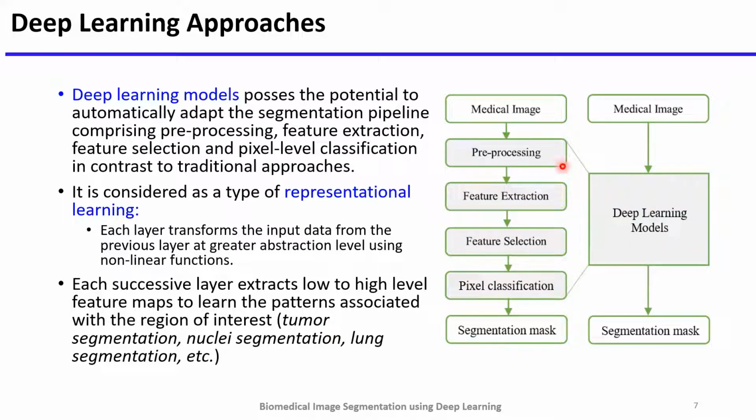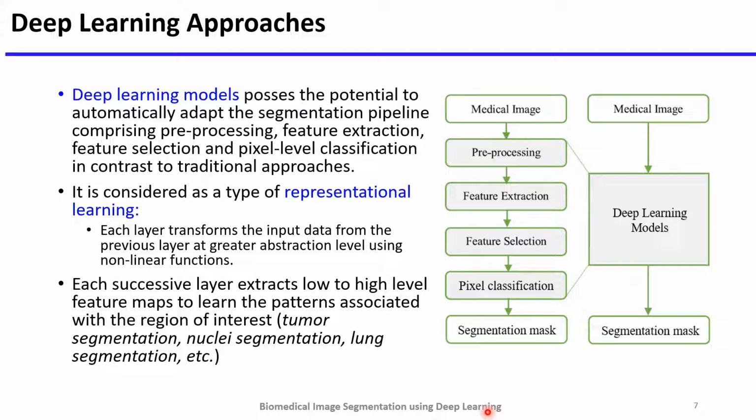So these deep learning models handle all these subtasks: pre-processing, feature extraction, feature selection, and pixel classification, and you end up with the segmentation mask. It is considered a type of representational learning, where each layer transforms the input from the previous layer to a greater abstraction level using nonlinear functions.